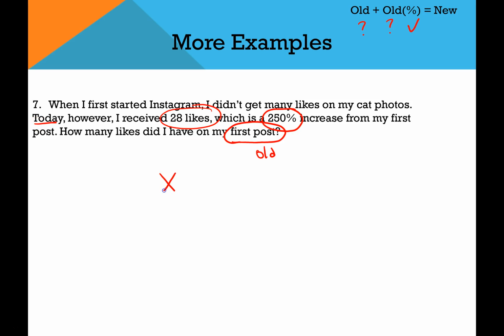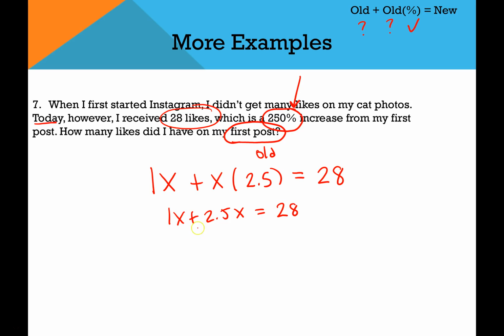So this is going to be x plus x times 2.5, that's my 250%, is equal to my new value of 28 likes. We'll put a 1 in front of this. I get 1x plus 2.5x. You can always bring that value in front because it's multiplication. Combine these two and I get 3.5x equals 28.